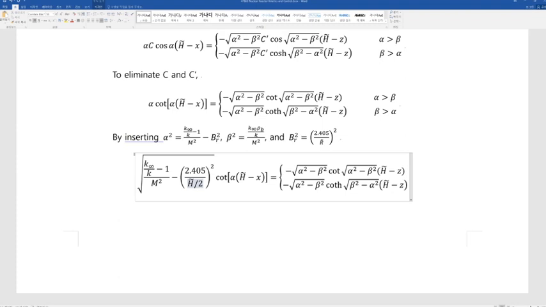So we just finished the left-hand side. And in the right-hand side, I'm sorry, once again, it should be beta squared minus alpha squared.